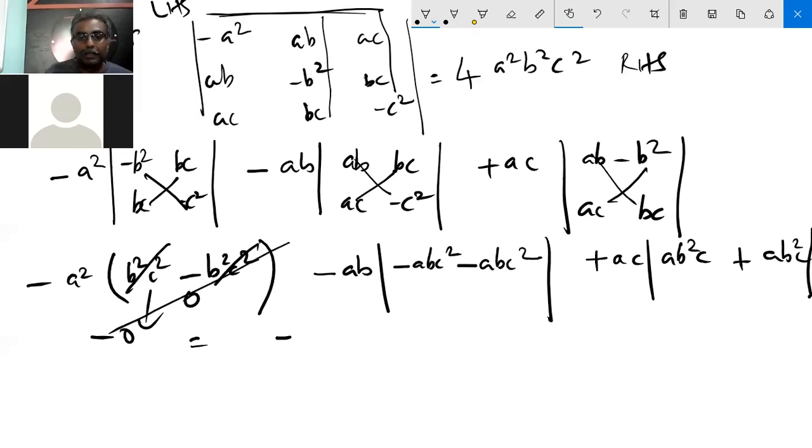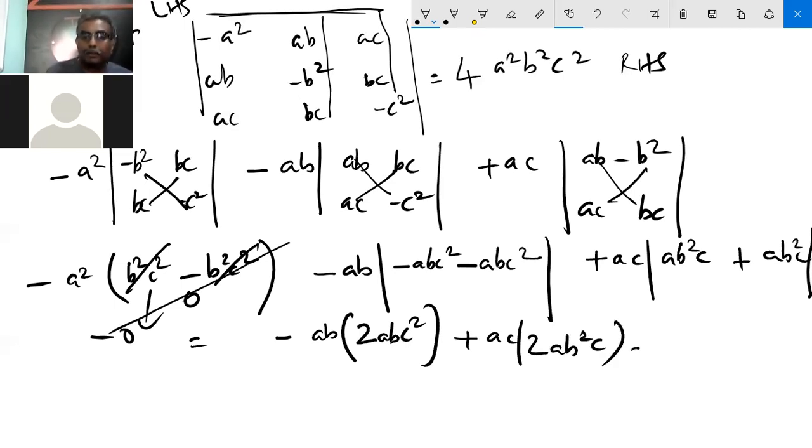Is equal to minus ab into 2abc squared. Okay. Plus ac into 2ab squared c. So that is equal to 2, let us take the 2 out, a into a squared. Uncle, shouldn't it be minus ab minus 2abc square? Correct. Very good, very good.